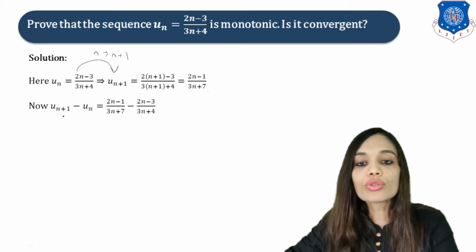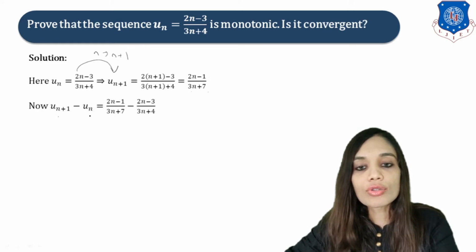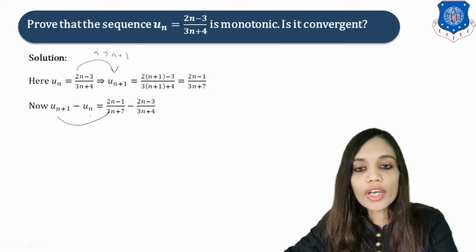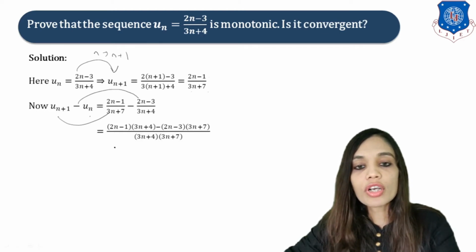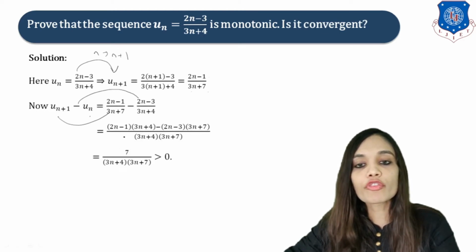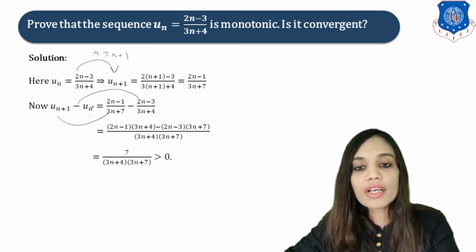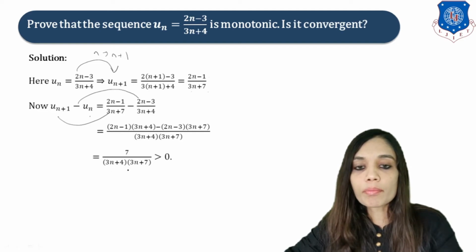Now we will find un plus 1 minus un. So put the values of un plus 1 and un. Take your LCM. So on taking LCM and simplifying, you will get un plus 1 minus un as 7 upon (3n plus 4) into (3n plus 7).